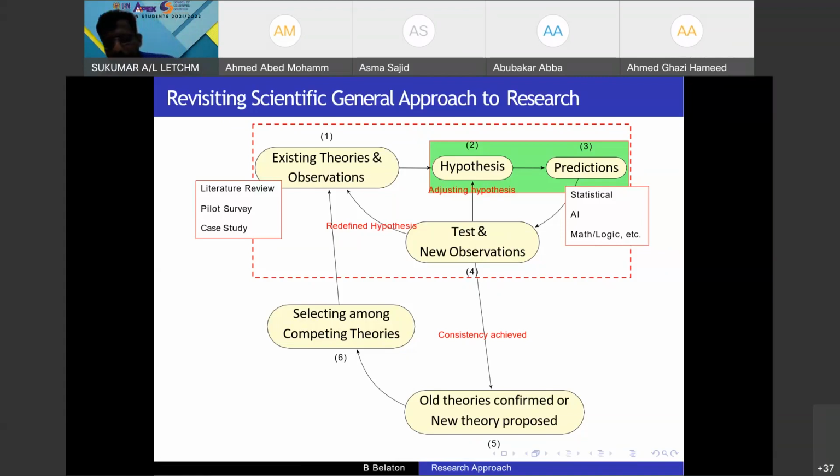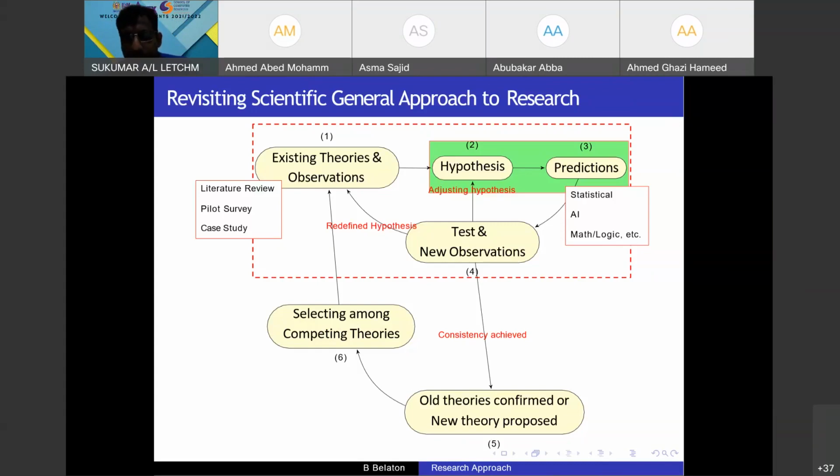If I ask you again: you have your research topic, right? What will you do? From the research topic, are you going to have your literature review or your research problem statement? Obviously you're going to go and explore. Before you even settle the topic, you're going to do your literature review.